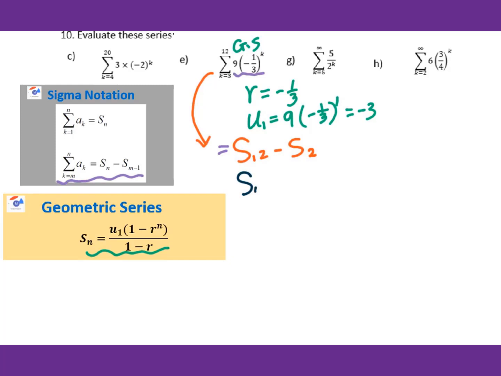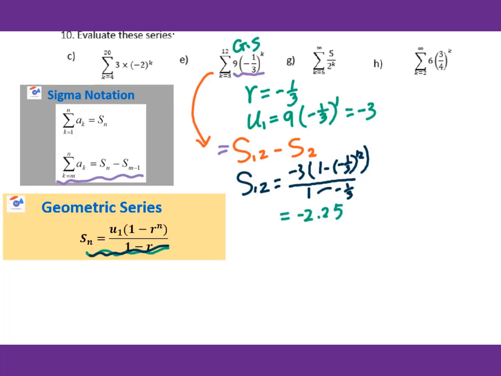For S sub 12, we plug into this formula. You will get negative 3 times 1 minus negative 1 over 3 to the 12th power, then over 1 minus negative 1 over 3.